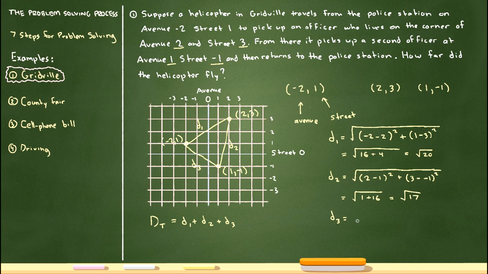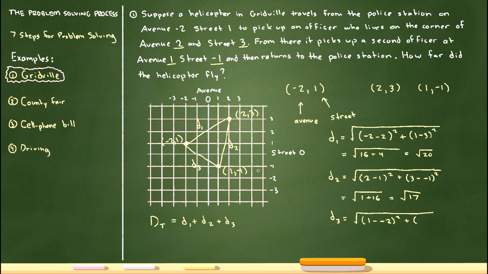And lastly, we want to find d3. Okay, so that's from (1, -1) to (-2, 1). So we have the difference of the x values. So that's going to be 1 minus -2. So that's the run squared.